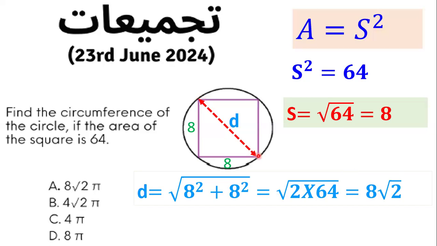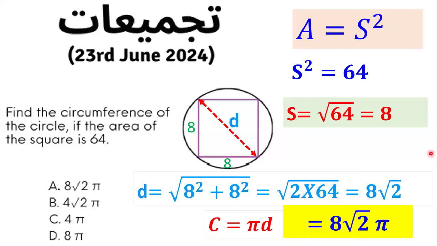We can find the circumference of the circle. The circumference of the circle is pi times d. Already we know d now. So the answer will be 8 square root of 2 pi. That's the answer, okay? Quite simple, yeah?